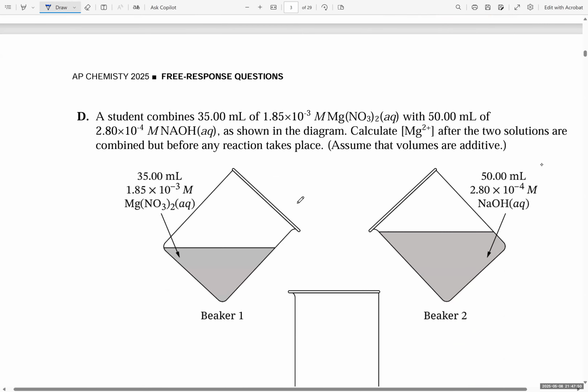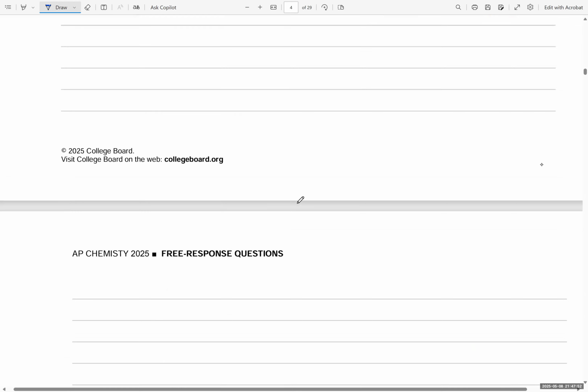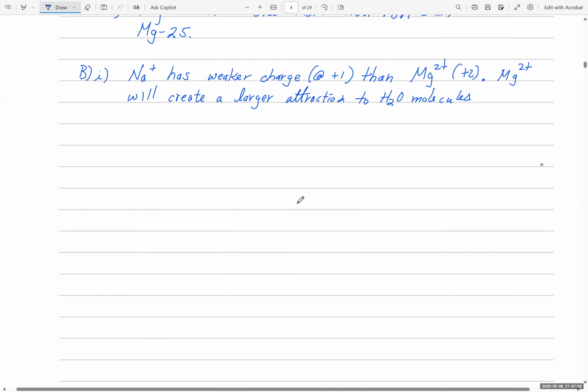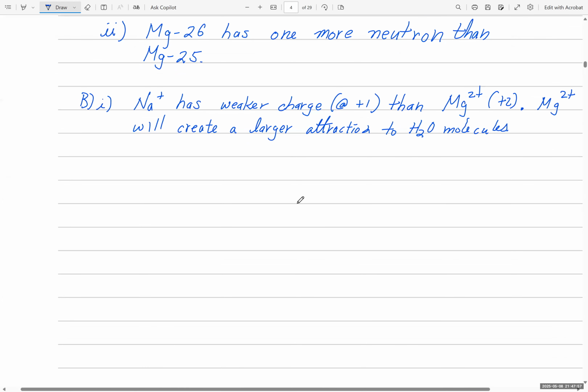So let's go here and say that in terms of radius, for part 2, we're going to write that both Na plus and Mg2 plus have 10 electrons, or say isoelectronic to neon.